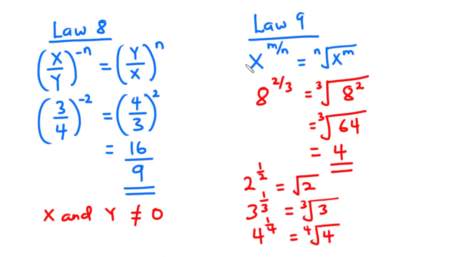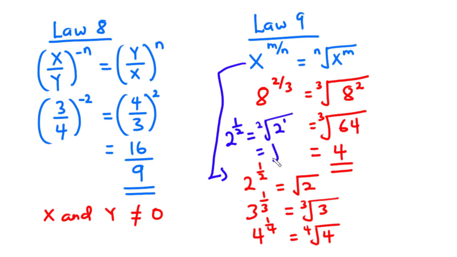Now from this law, we realize that 2 exponent 1 over 2 is equal to the square root of 2 exponent 1, and then we have 2 on the outside. But because we don't normally write 2 if we have the square root, that is why we ignore this. So it is equal to the square root of 2, which is what we have here.